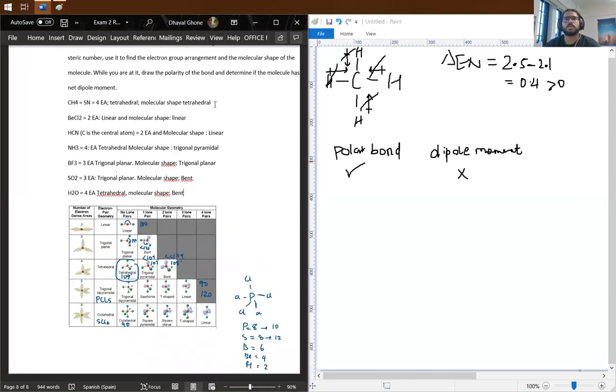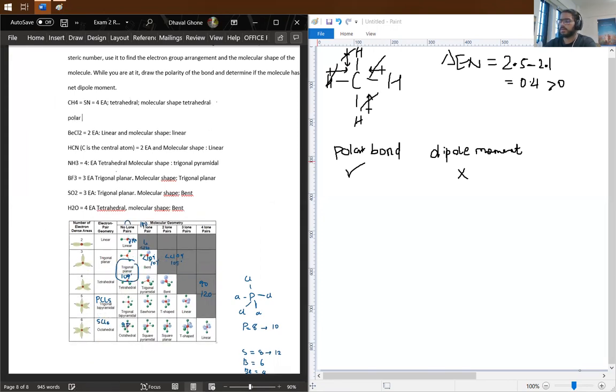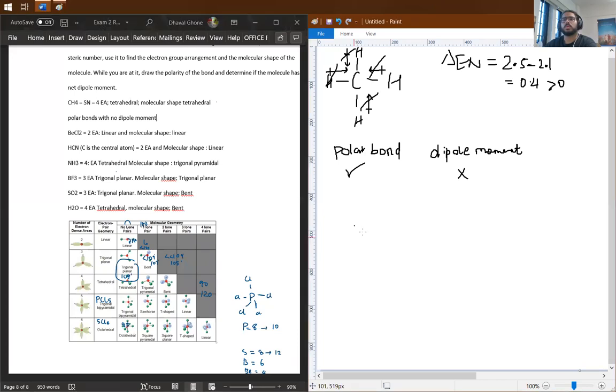CH4, oops, polar bonds with no dipole moment. Okay, BeCl2 looks like this, right?